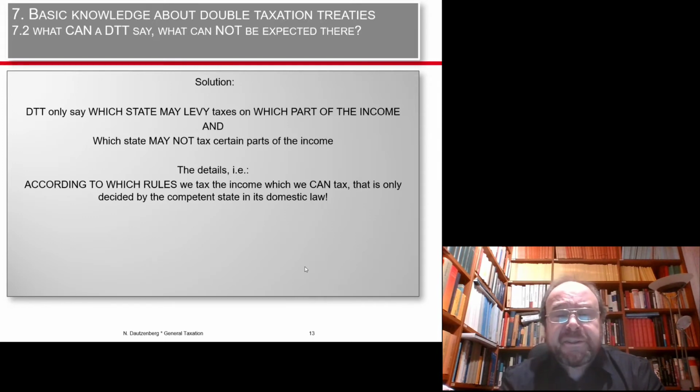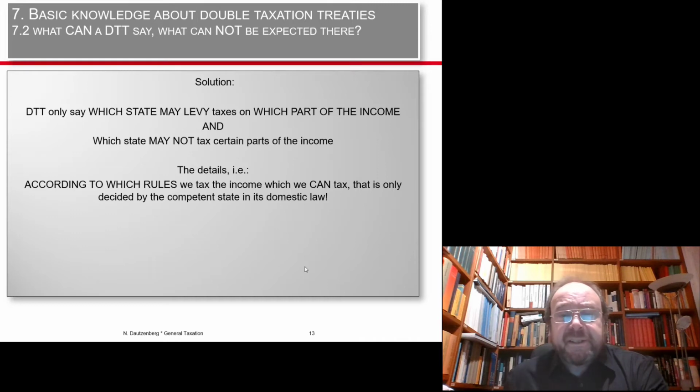Okay, so we tax you. Now let's find out in the text of the ESTG the tax base, compute it, and let's find out your personal tax rate under the rules of limited tax liability. Okay, so all the details are only laid down in the domestic law of a state.